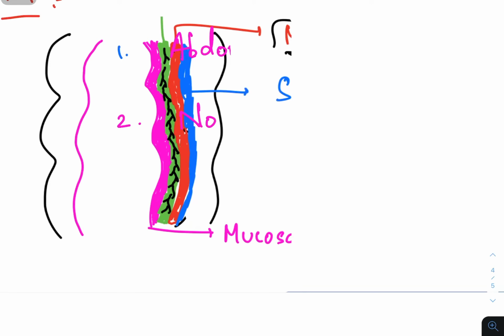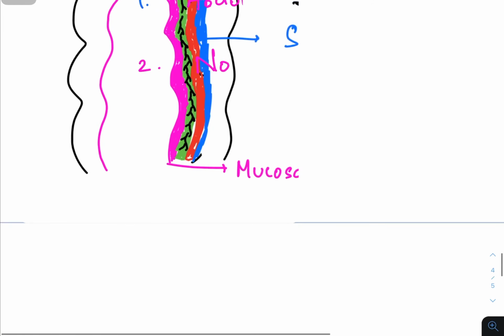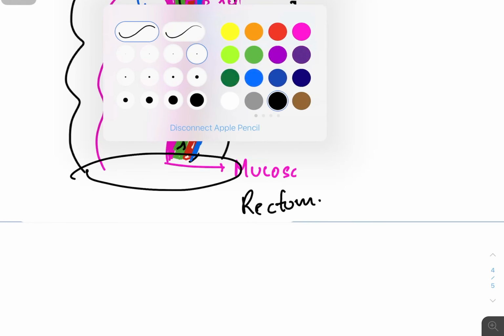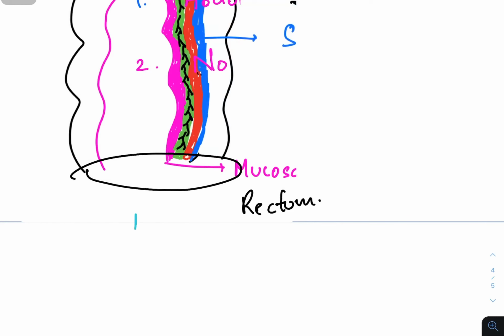Now to take a biopsy, what will I do? For example, let us think that this is the rectum. Now if this is the rectum, you put the instrument into the rectum and you take a piece of the tissue from the rectum.